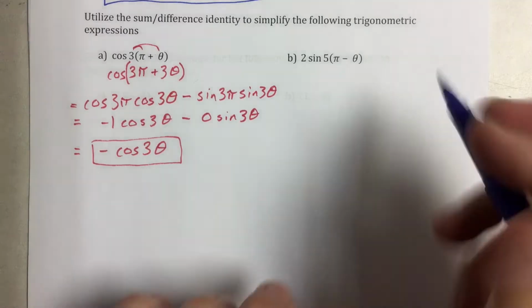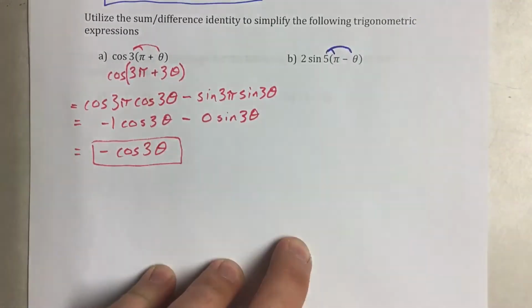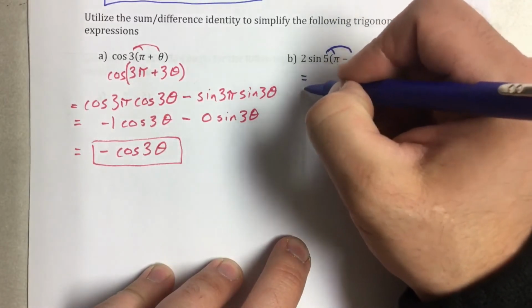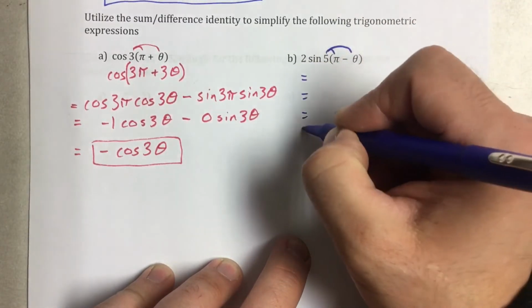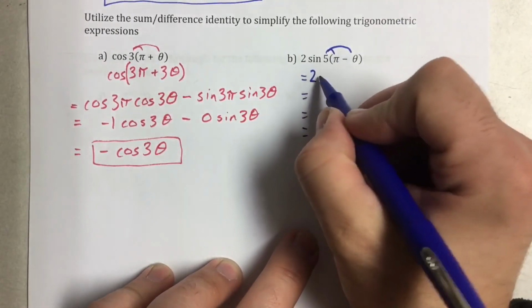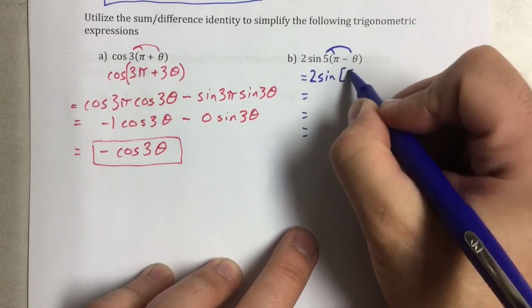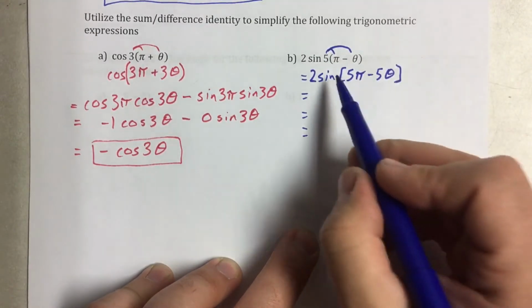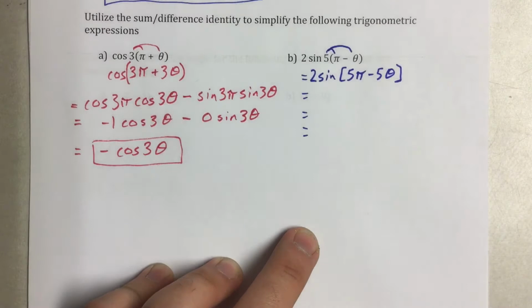The next has this 5 that we're going to need to distribute, but it has a 2 in the front, and that 2 is just going to carry down every single line. So 2 sine of 5 pi minus 5 theta. The sine difference identity is sine, cosine, cosine, sine.